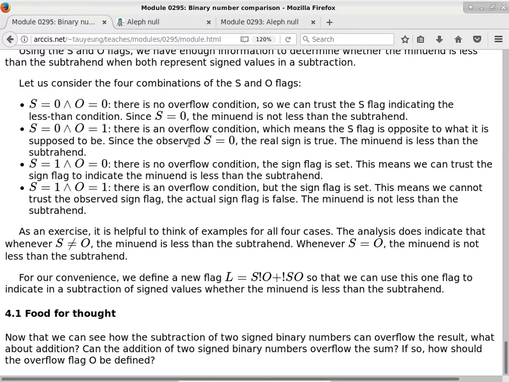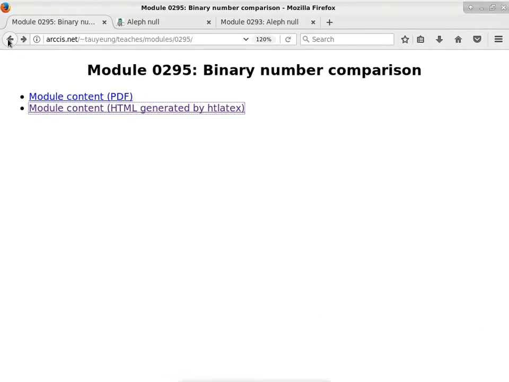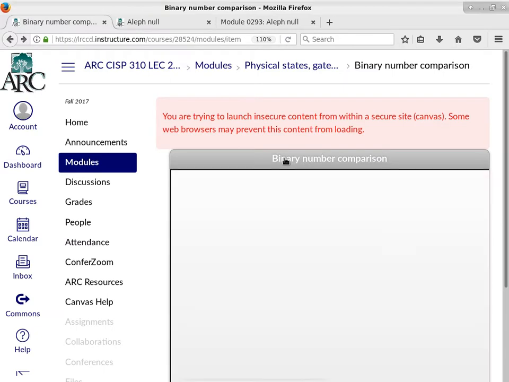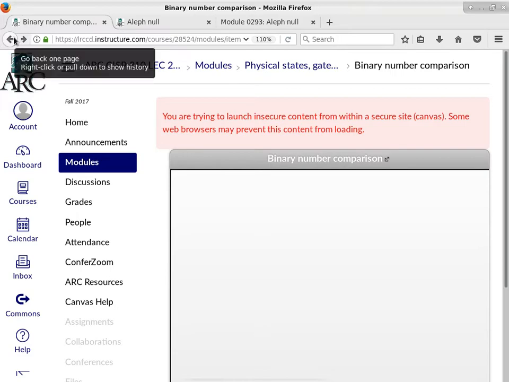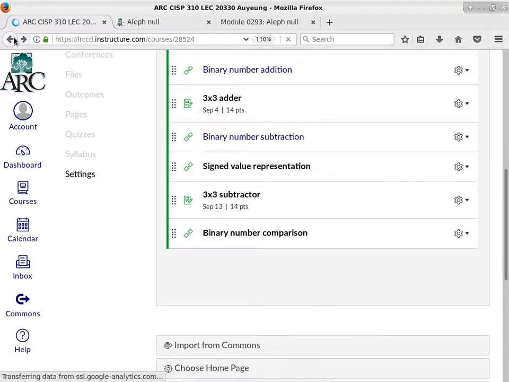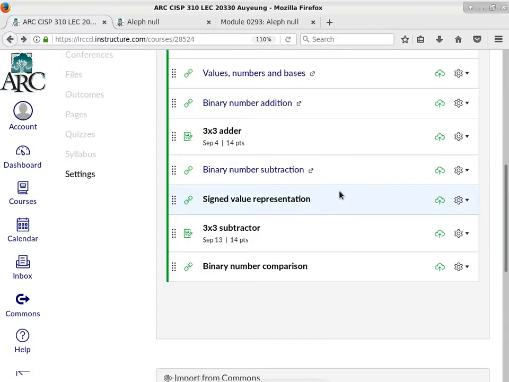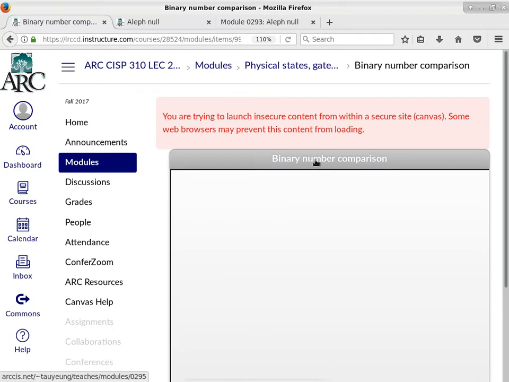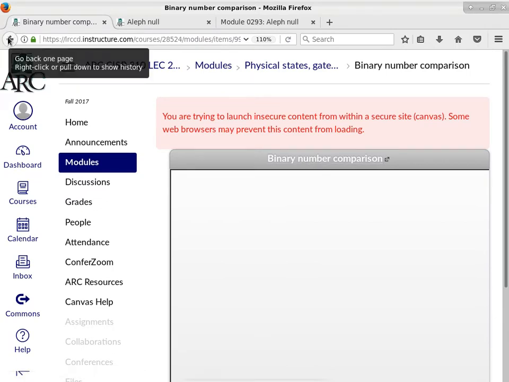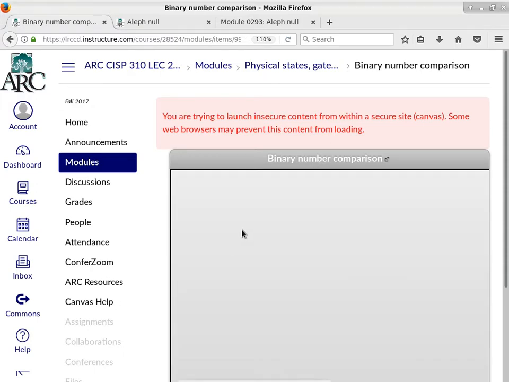When I clicked on it to print it out, I was getting a pop-up about insecure content, but it wasn't showing that for most of the other modules. Yeah, you just have to click on the border, and it will bring you there. That message just looked shady, so I didn't do anything.